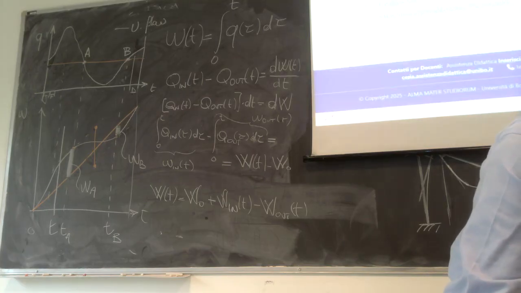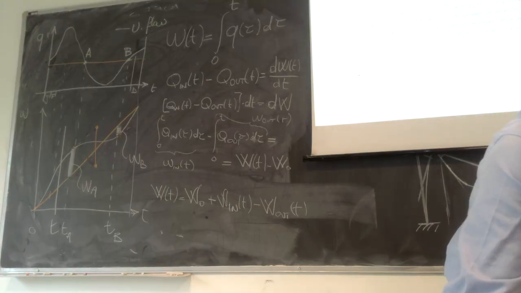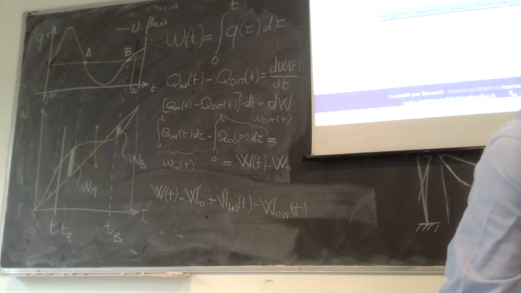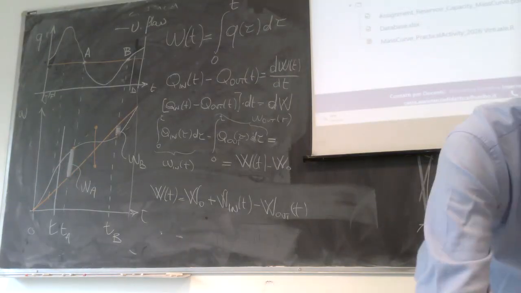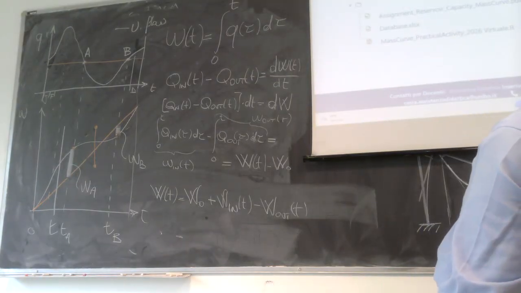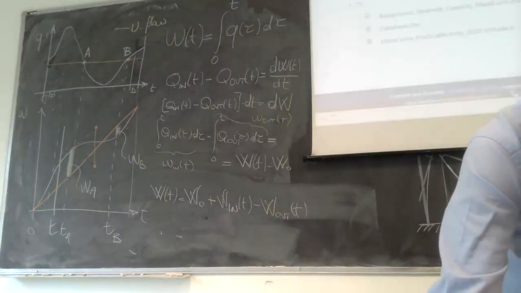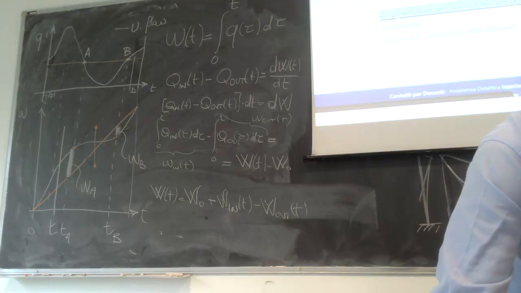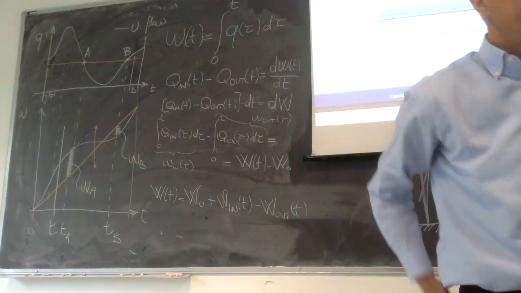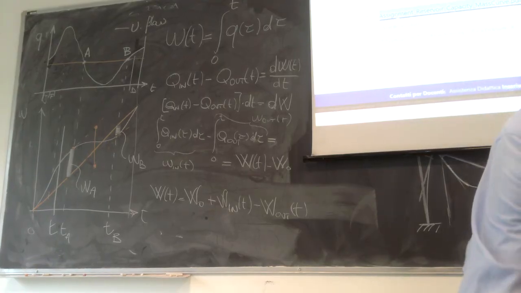Meanwhile, here on Virtuale, I'm on the page Practical Activity Reservoir Sizing. There's a folder with the same database we use for the other practical activity on flow duration curve construction and prediction.